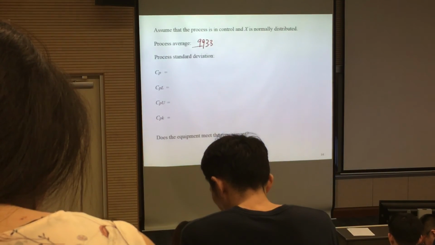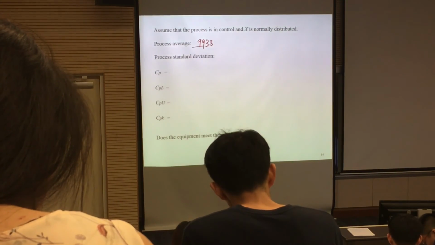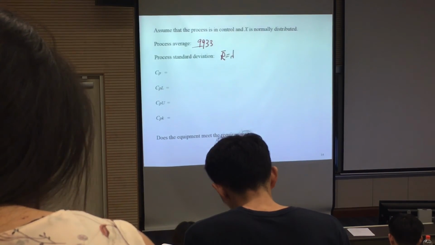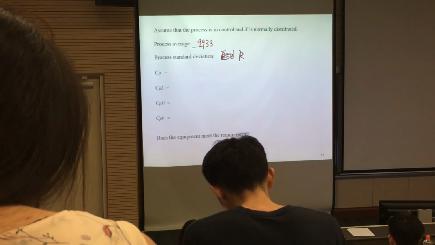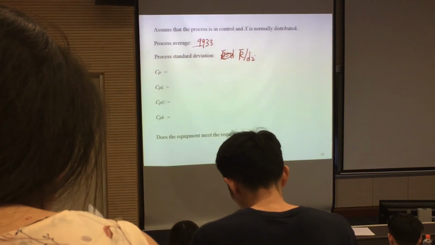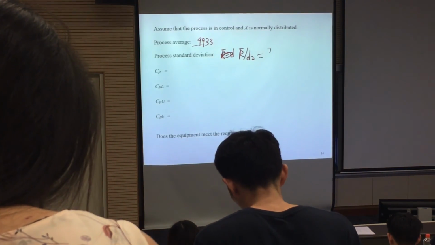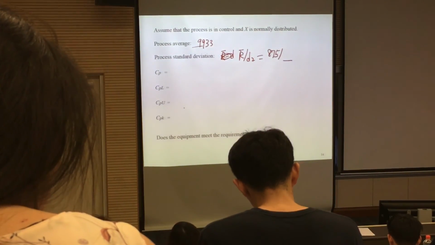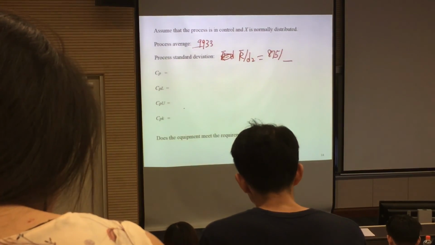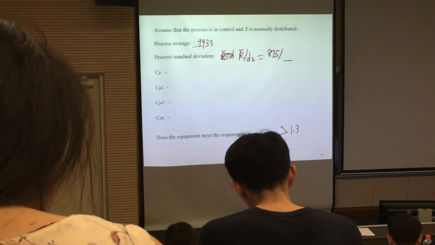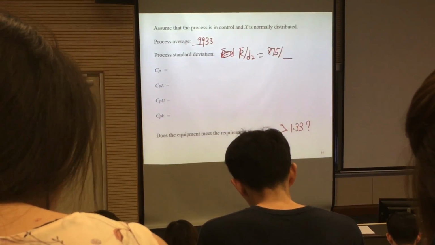Process standard deviation is R bar divided by D2. So R bar is 875 divided by D2. Can you calculate this in 5 minutes? Then see whether it is greater than 1.33. Okay, can you do that?